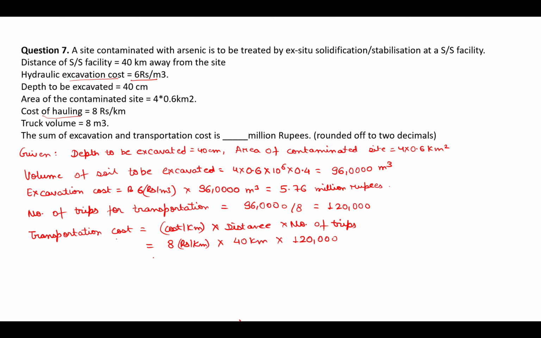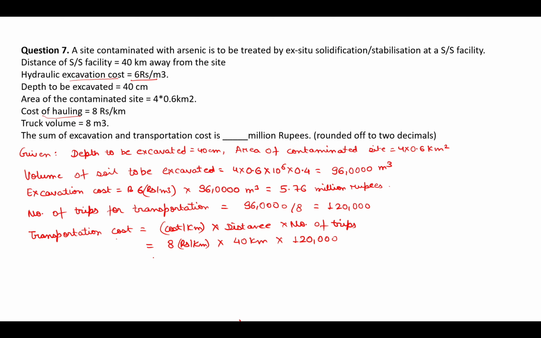So I'm saying that this distance is 40 kilometers, so the trucks will go and come back also, no? So the rates will not be there for coming back. That should be included, but that is not here in the question.